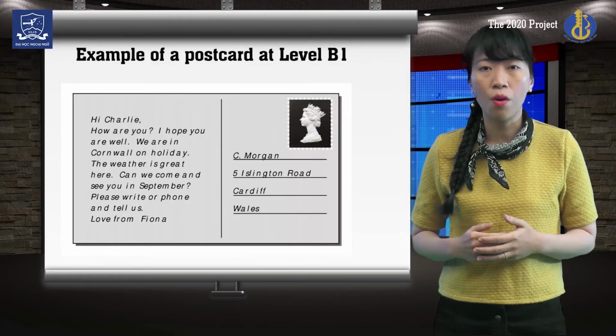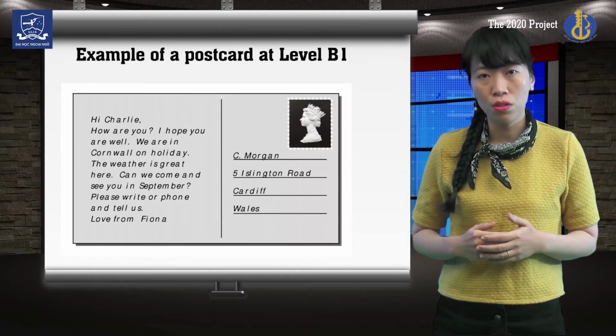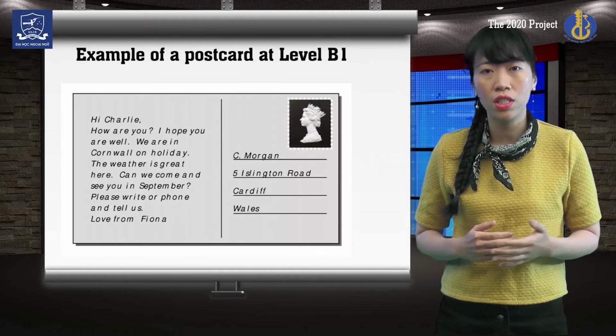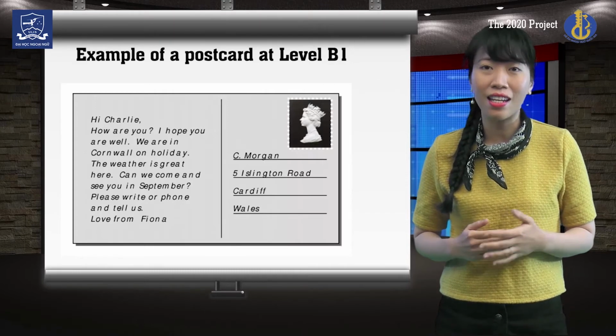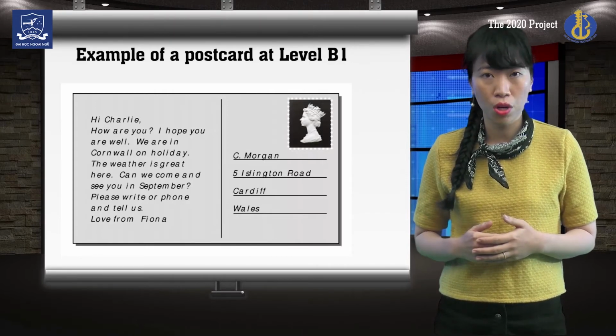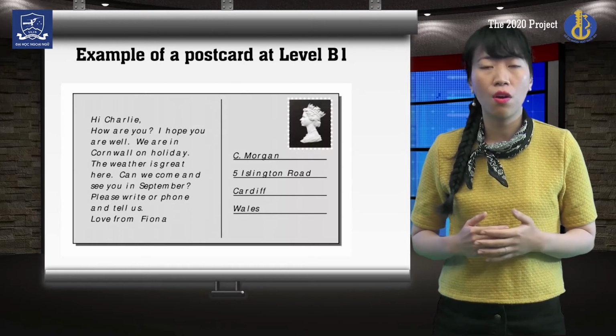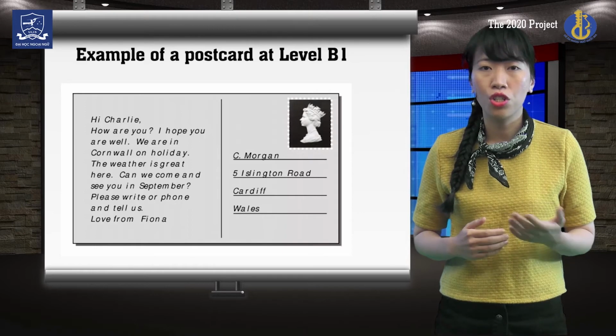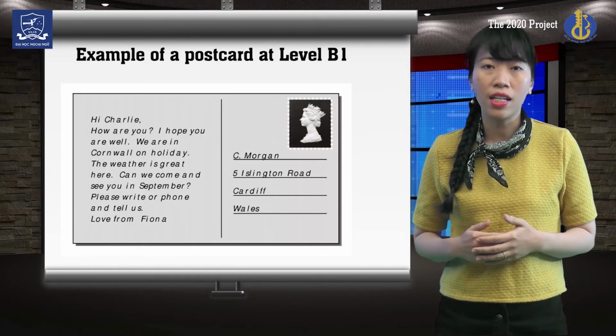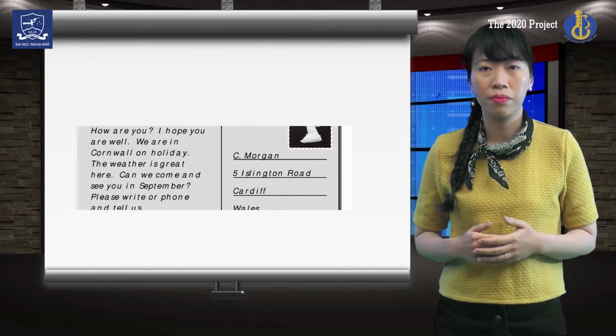Apart from postcards or messages, learners can also fill in forms with personal details, for example, entering name, nationality, and address on a hotel registration form. Learners can also complete other short, simplified forms, such as job application, or they can address an envelope.